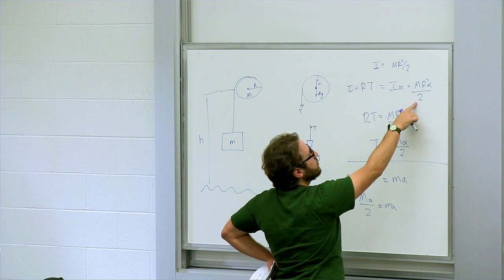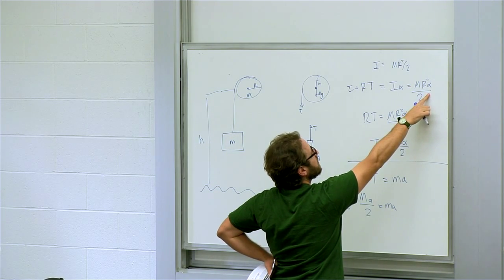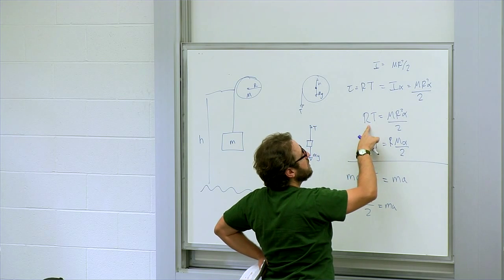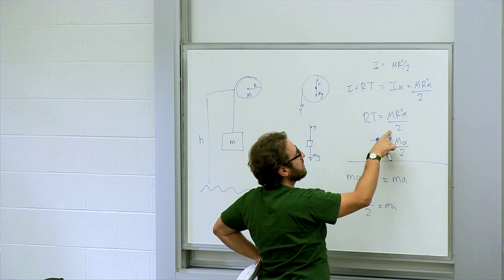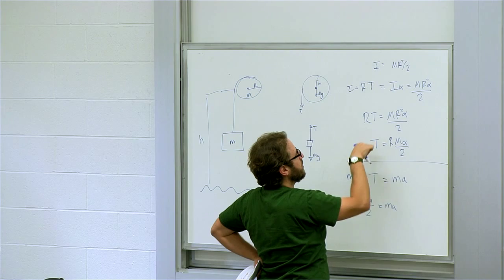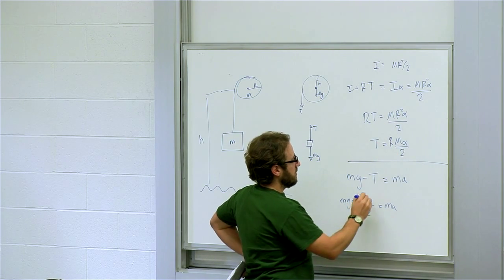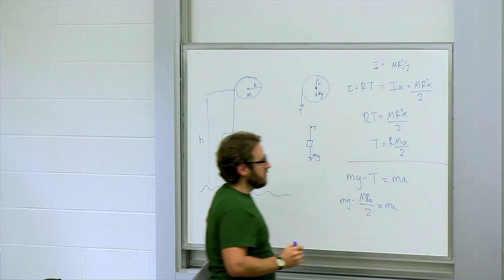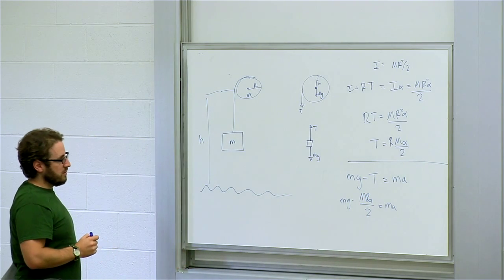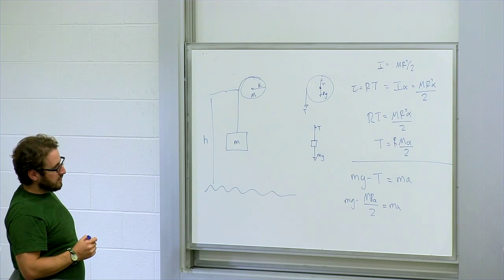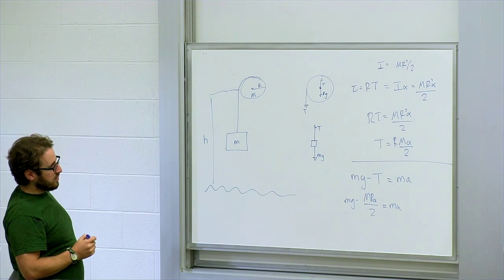I is mr squared over 2. This one's correct. Right, and then I just equate that to RT. Then I just divide by R. So yeah, I should have one power of R there. Yes? Yeah. Looks good.